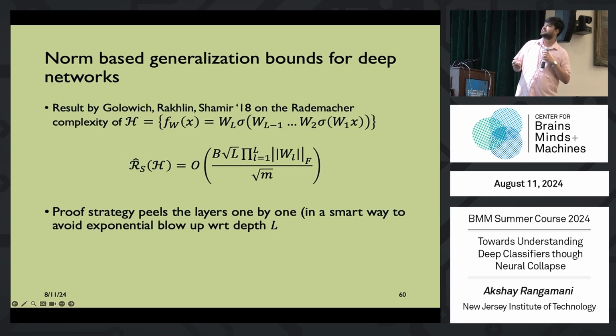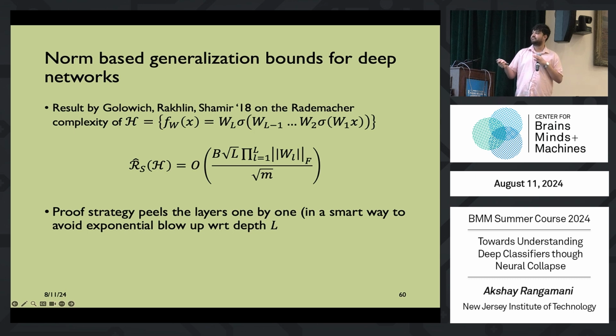Now, for deep networks, there was a nice paper in 2018 by Golowich, Rakhlin, and Shamir. They computed the Rademacher complexity of deep networks, and the basic strategy is you try to peel one layer at a time, and their ingenuity comes in controlling this peeling process so that you don't have an exponential blow up.